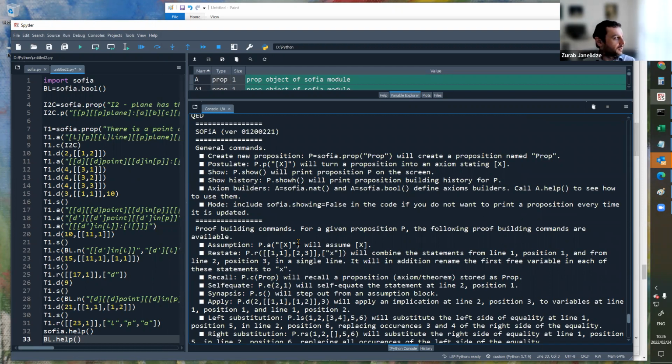One of the goals of the PhD studies of the student who is doing a joint PhD with Professor Alessandro Parmigiano in the Netherlands will be to mathematically prove that Sophia fully captures first order logic, that anything that can be proved in first order logic can be proved in Sophia and vice versa.